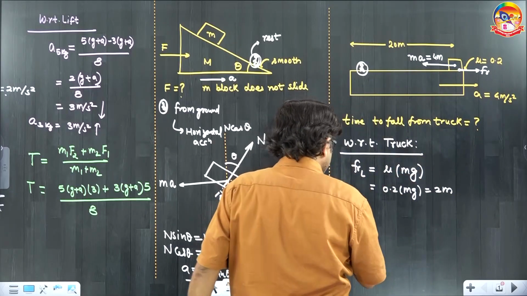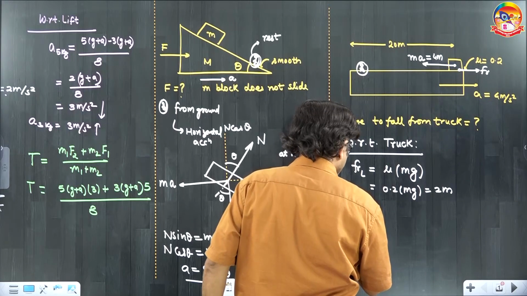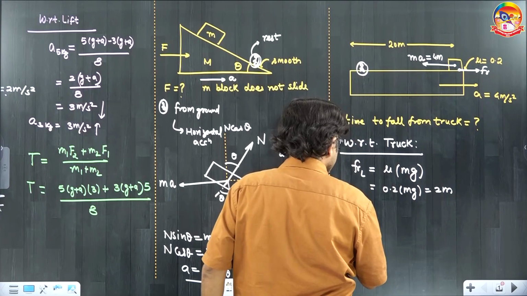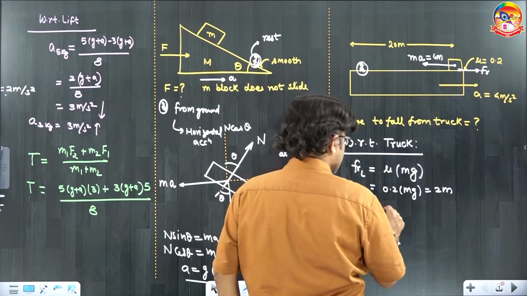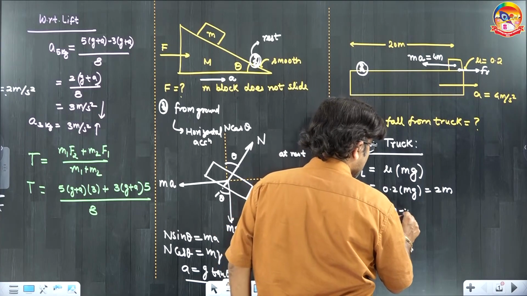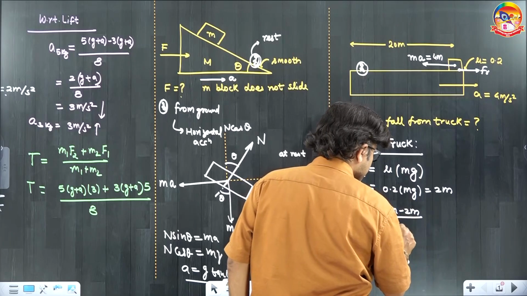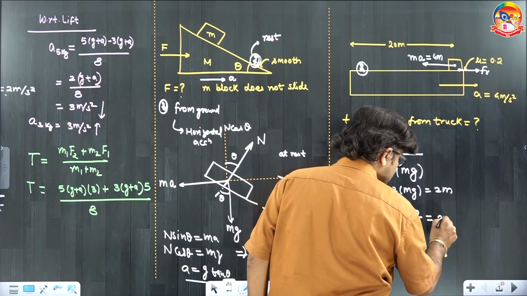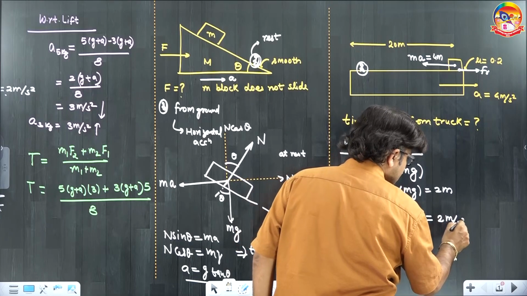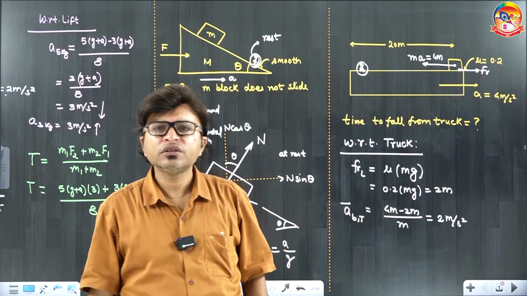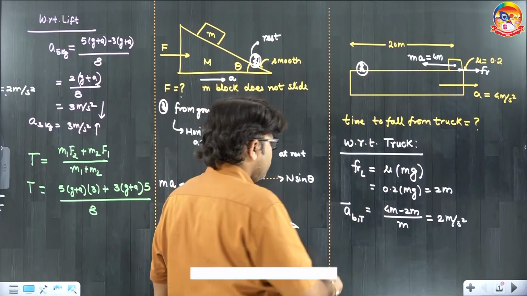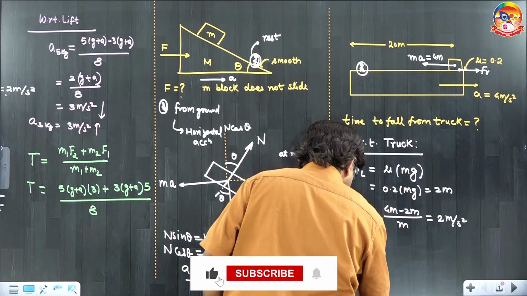That means what will be the acceleration of the block with respect to the truck? It will be 4m minus 2m as the net force, divided by mass m, that is equal to 2 meter per second square. And once I know the acceleration, I can go ahead and find out the time.